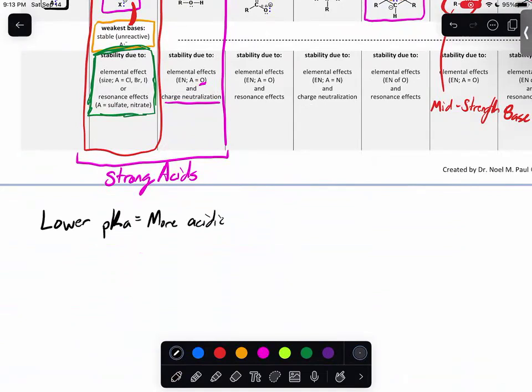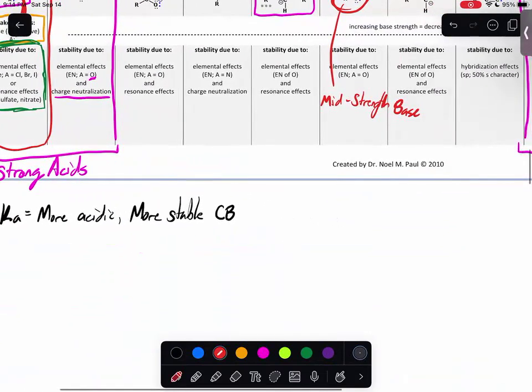Because it's less stable. But that does mean it is a more stable conjugate base, right? And what we can say from our knowledge of conjugate bases is if something is stable, such as a stable conjugate base, that also means it is a weak base.